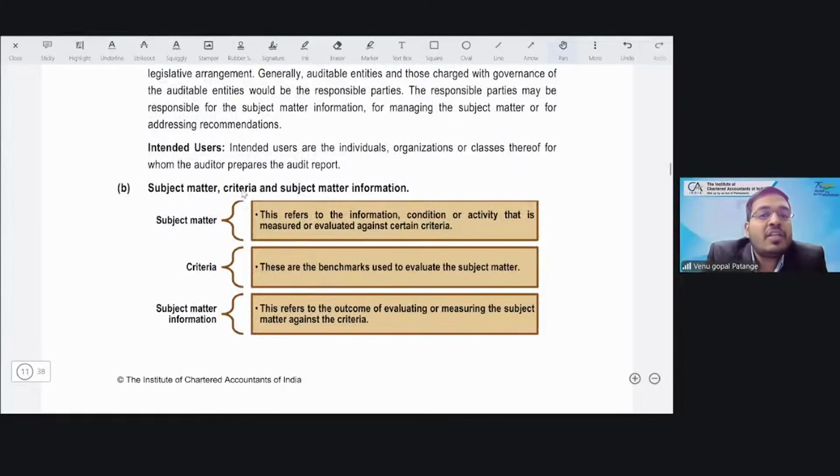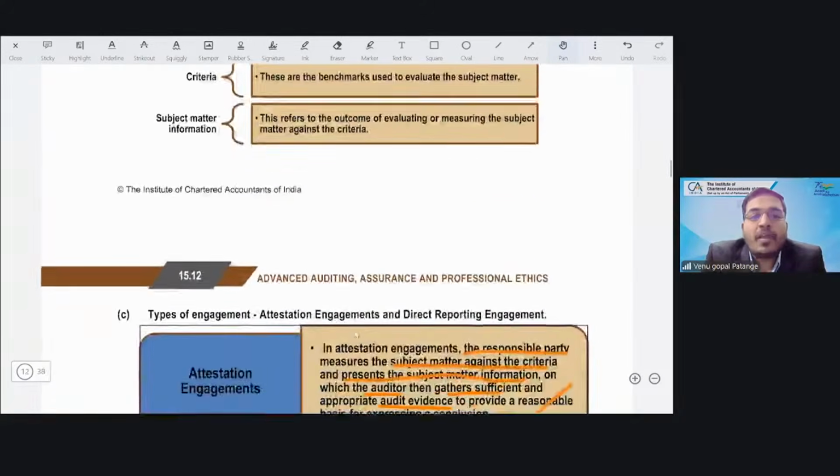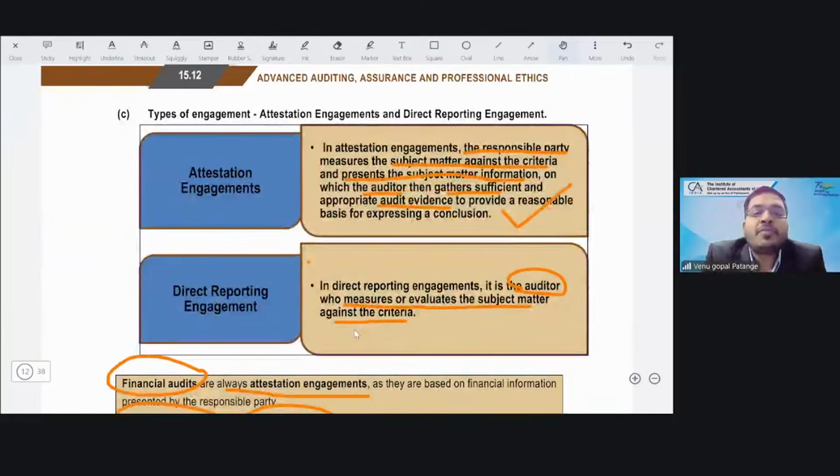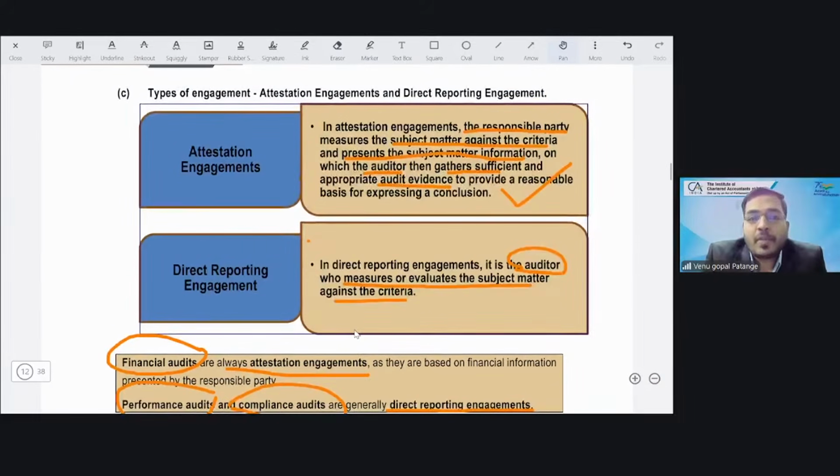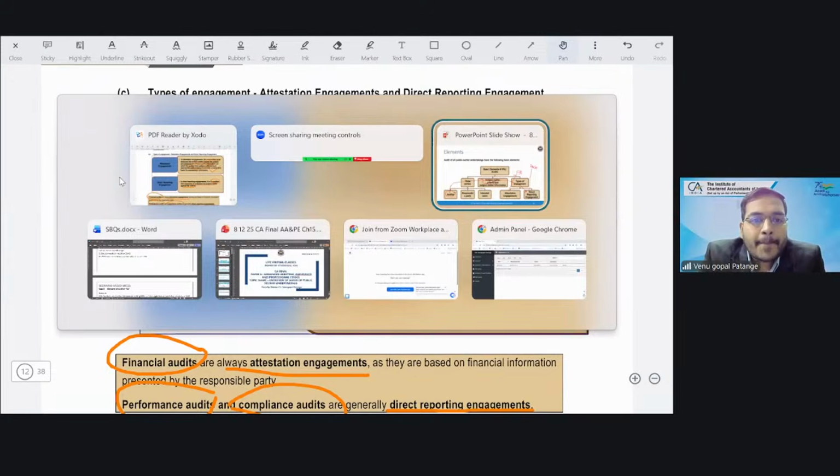And this is the difference between the three. Okay. And thereafter you have two types of engagement and examples of the two types of engagement. So this is about elements. Anyone has any doubts in the elements section? You can ask. Otherwise, we will discuss. Quickly, we'll discuss 5 MCQs.